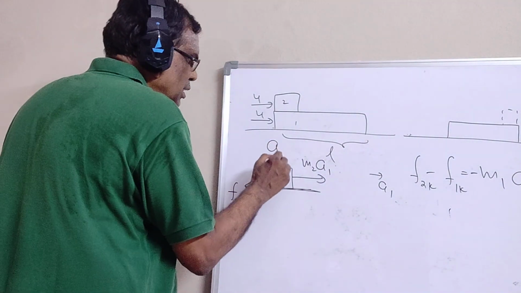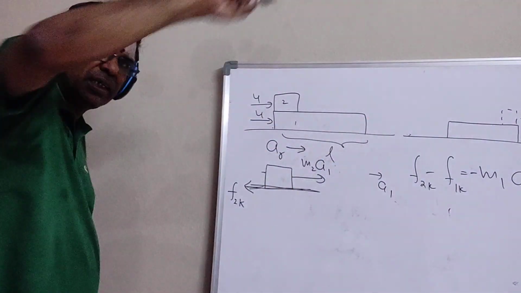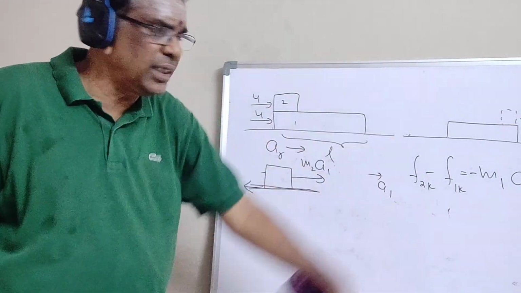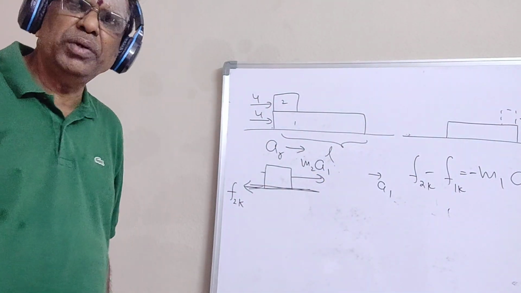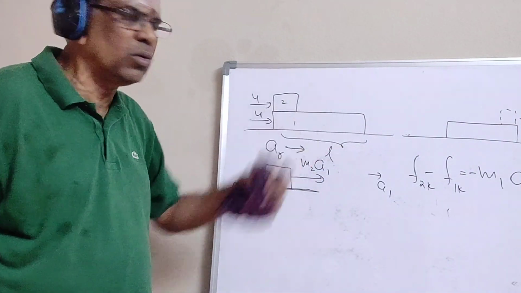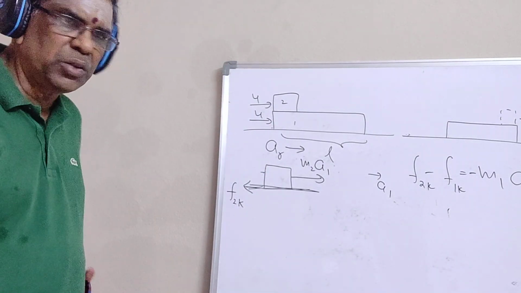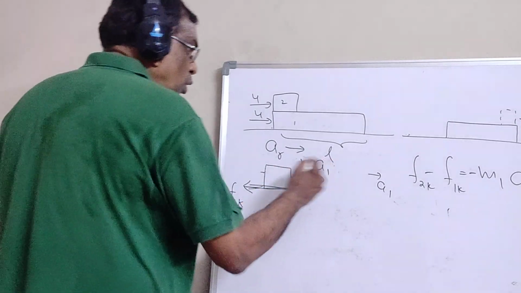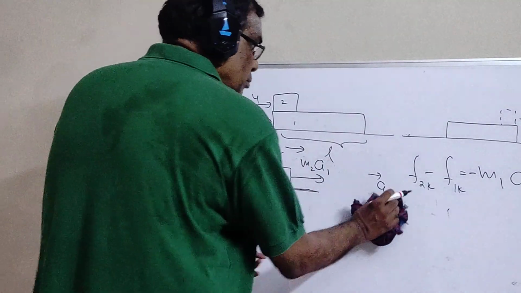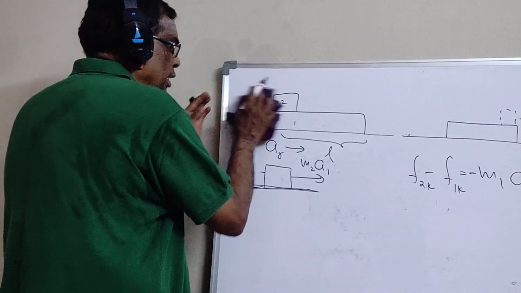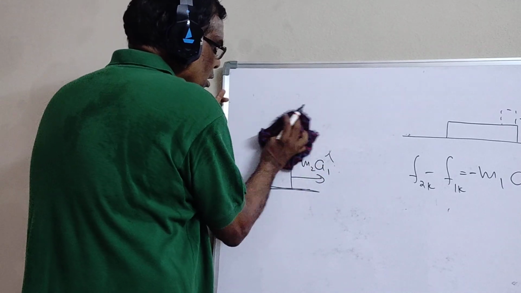So how do you write this instead of minus A1 here? In which case, because A1 is like this, pseudo force will be M2A1. And what is the relative acceleration direction? Because you said this is falling off. You may say, what if it doesn't go, this goes forward? It will fall there itself. So there is no problem for you to work on. I hope you have understood my concept.